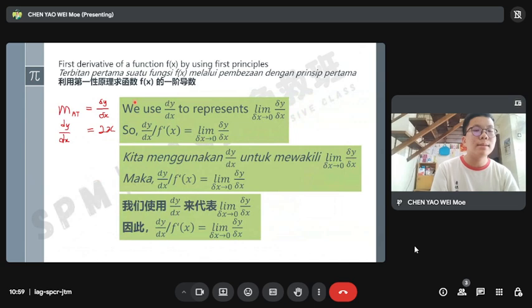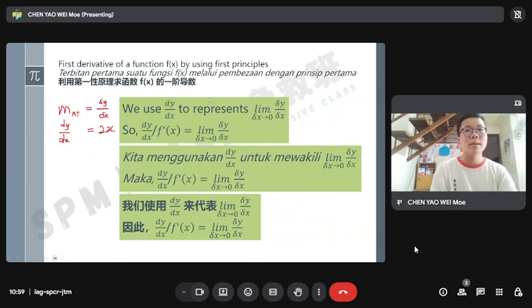Because we use dy dx to represent that limit. So dy dx equals the limit of delta y over delta x when delta x approaches 0.